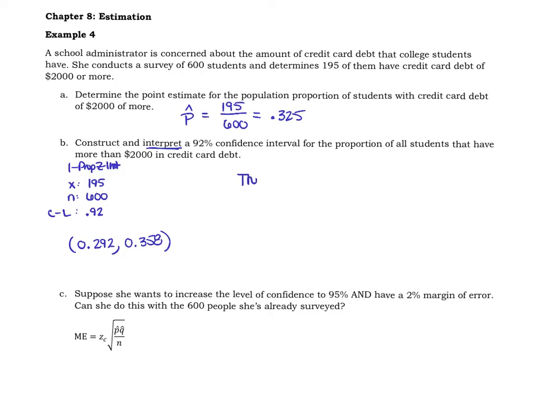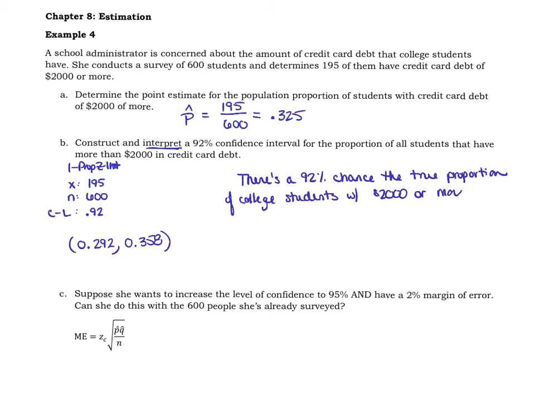Okay, so there's a 92% chance the true proportion of college students with $2,000 or more in credit card debt is between, and I wrote proportion, so I'm going to give this in proportion form, 0.292 and 0.358. Again, if you wrote percentage, then 29.2 and 35.8%.